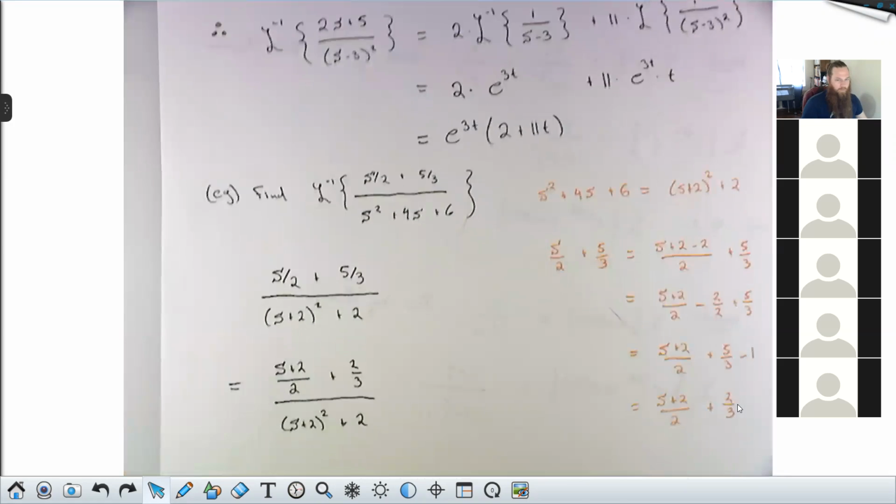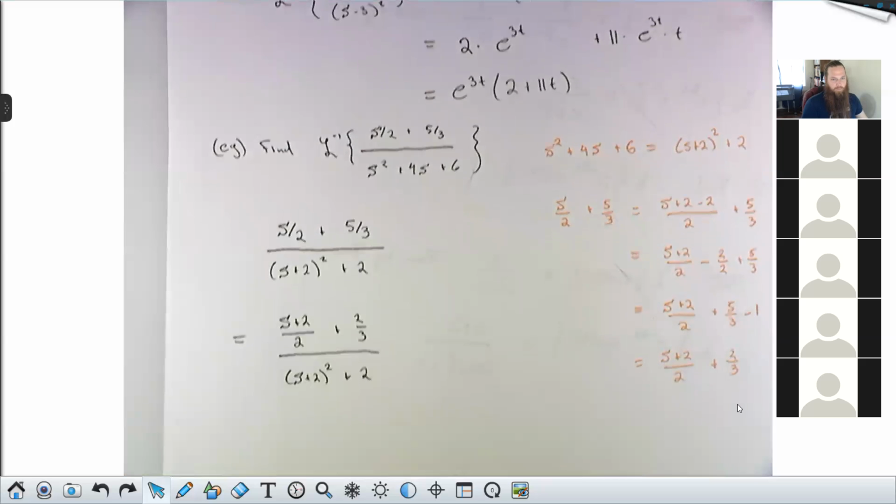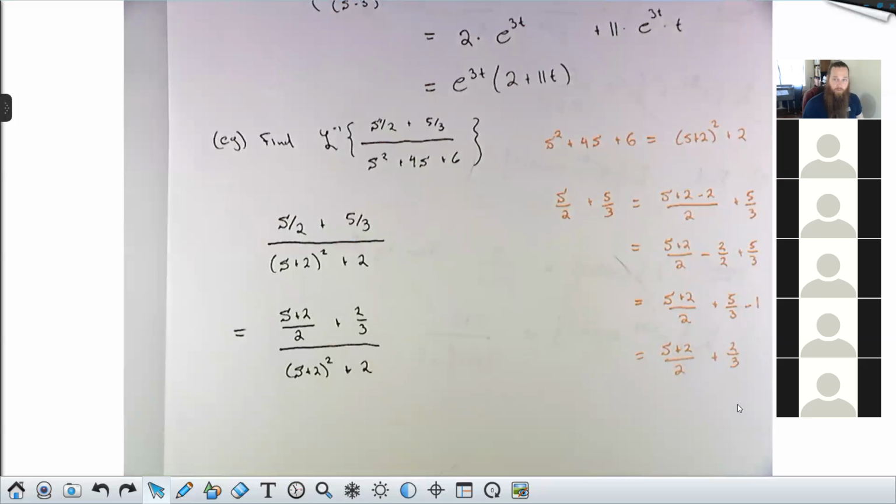Okay, so sneaky algebra. Now I can split this up as this over this plus this over this and see what further constant fudging is necessary to get the first to look like a cosine transform and the second to look like a sine transform.